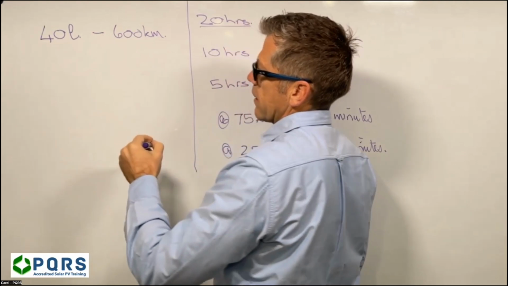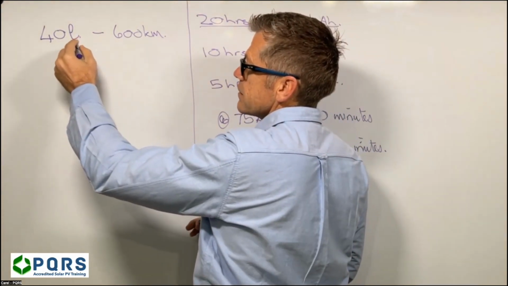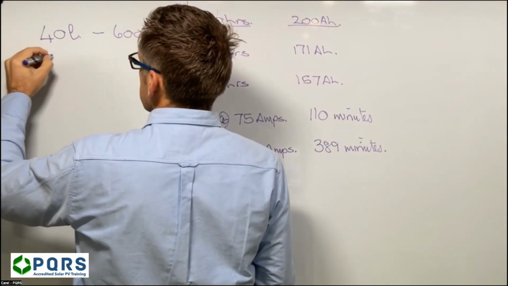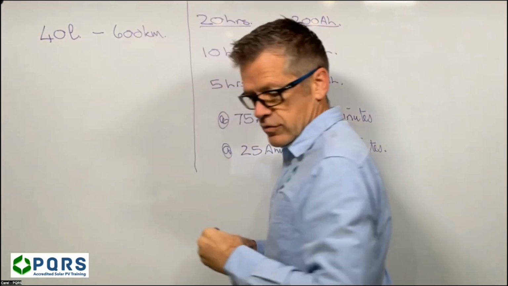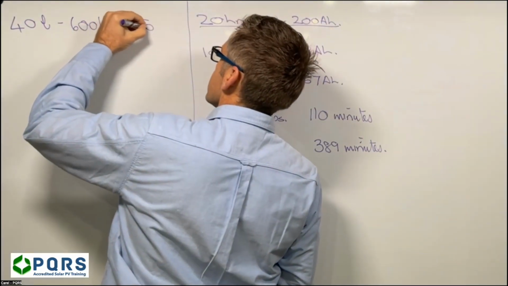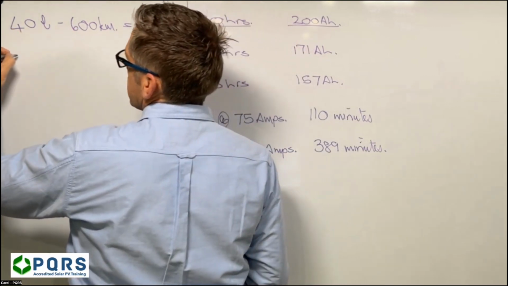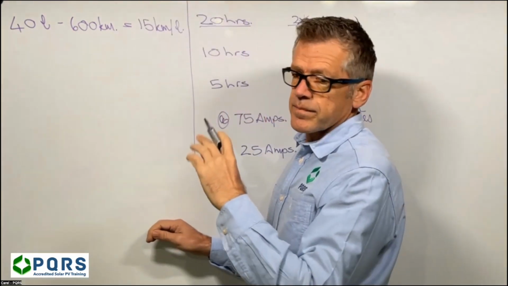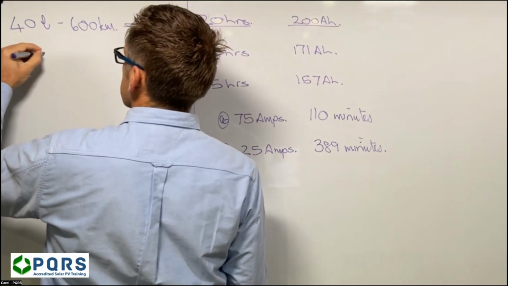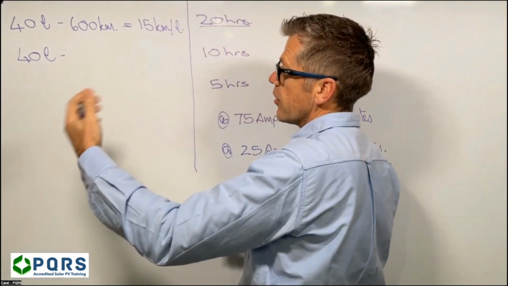per tank. That gives us 15 kilometers per liter. If we fill up the car again with 40 liters, this time we drive faster or we drive harder.